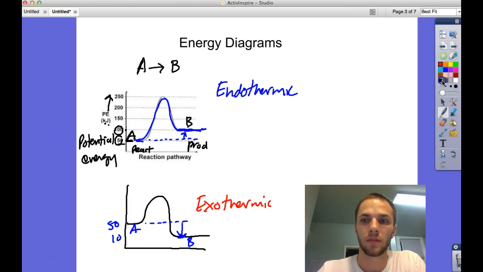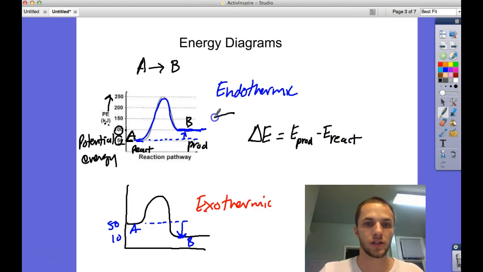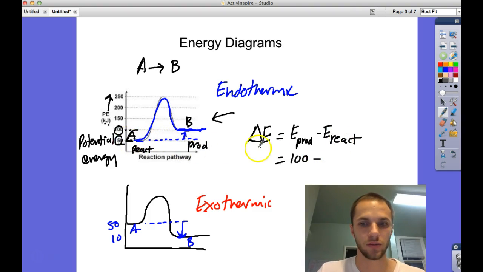The other way to think about it is if we're trying to figure out the change in energy. Remember, delta always means the energy of your products, what you end up with, minus the energy of your reactants. And we can prove this if we apply it to the endothermic reaction. The energy of the products here was about 100 kilojoules. The energy of the reactants was 50.